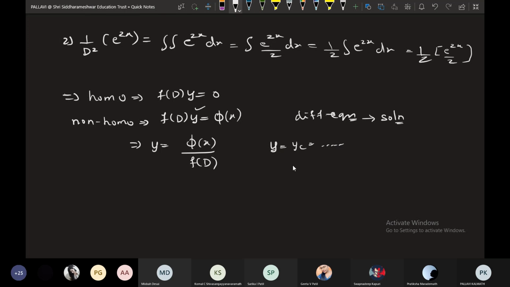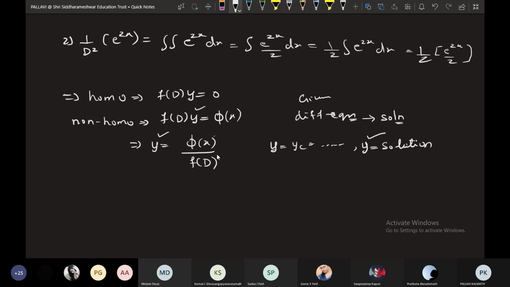So y means what? y means it is the solution. For the given differential equation, you are finding the solution. Solution is nothing but y. So y gives you the solution for this non-homogeneous differential equation. So how is the solution? y equals phi of x divided by f of D.